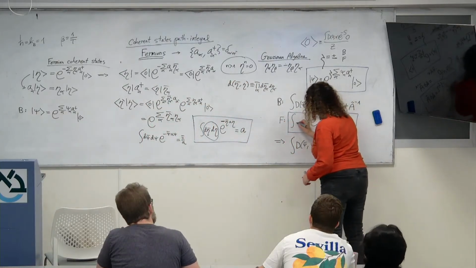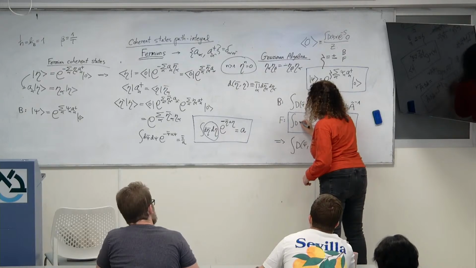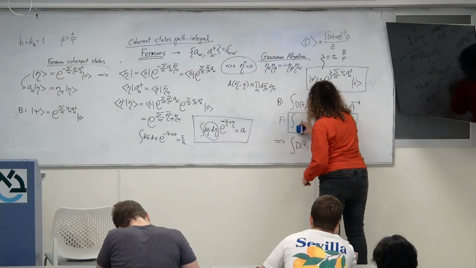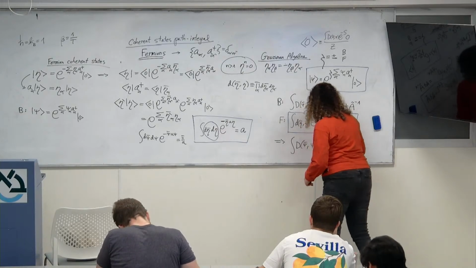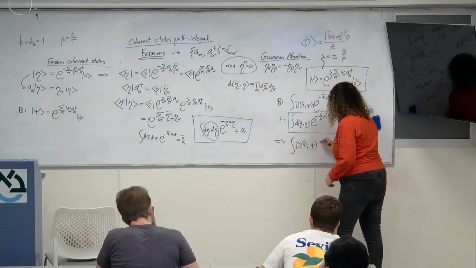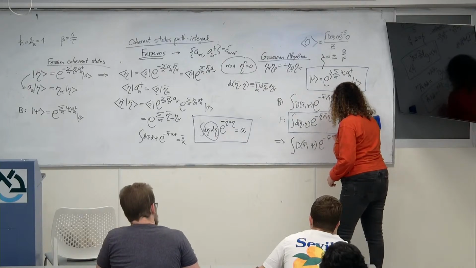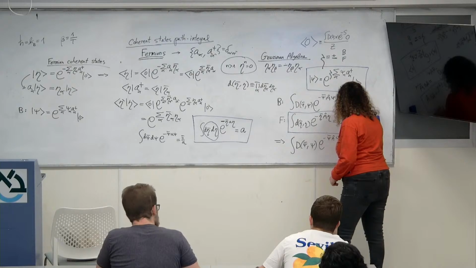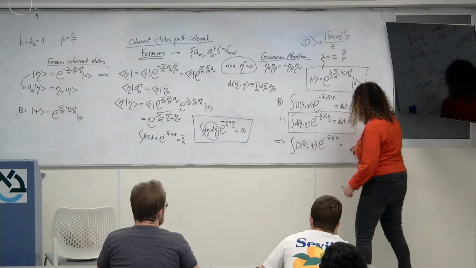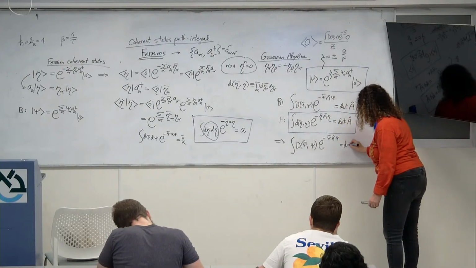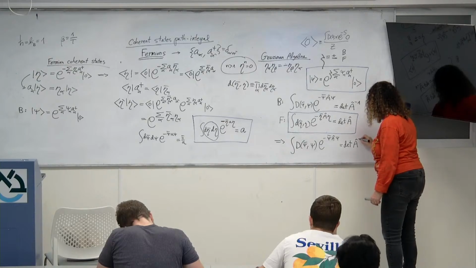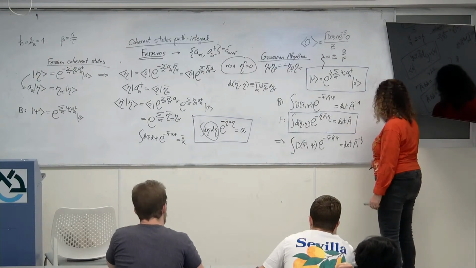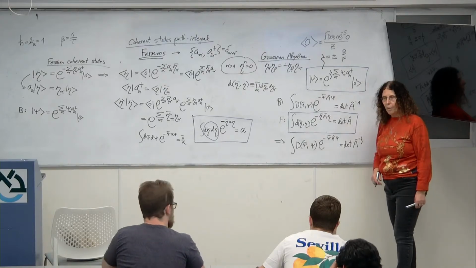And then this is going to be D of eta bar eta. So this thing, for either kind of particles, can be written as a determinant of A to the power minus zeta. Okay?